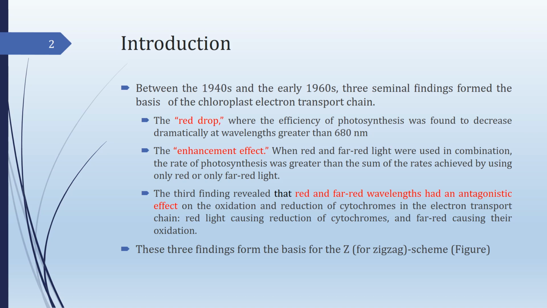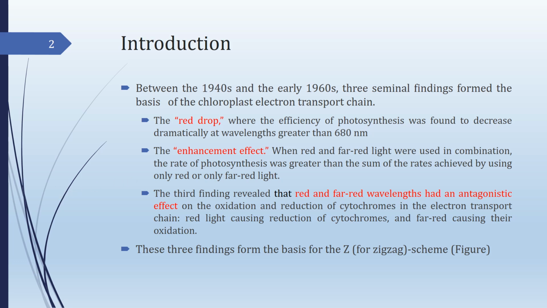Introduction. Between the 1940s and the early 1960s, three seminal findings formed the basis of our current understanding of the coordinated operation of the two photosystems in the chloroplast electron transport chain. The first discovery was the red drop, where the efficiency of photosynthesis was found to decrease dramatically at wavelengths greater than 680 nanometers.